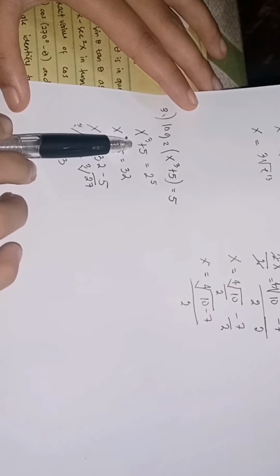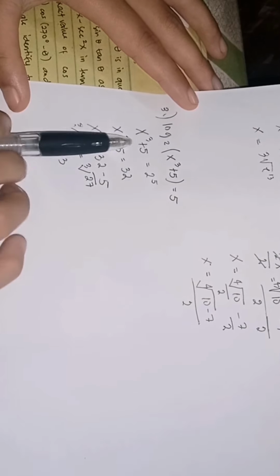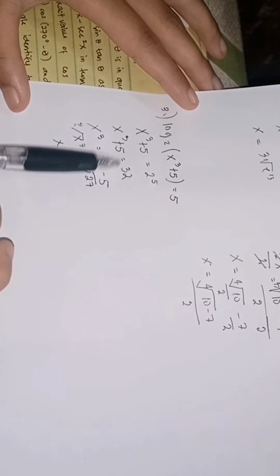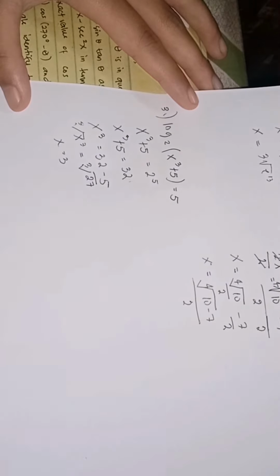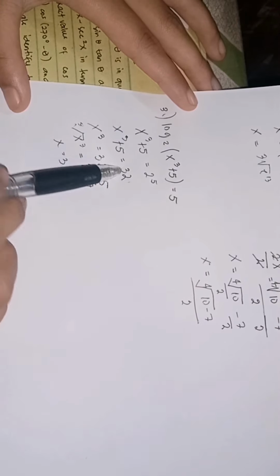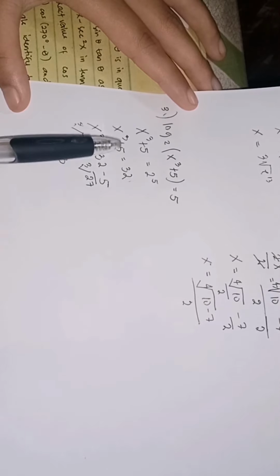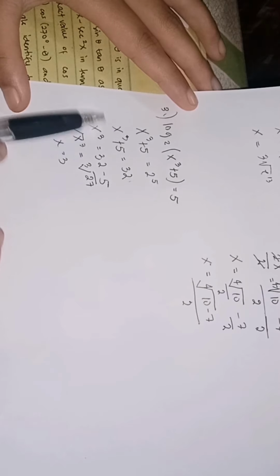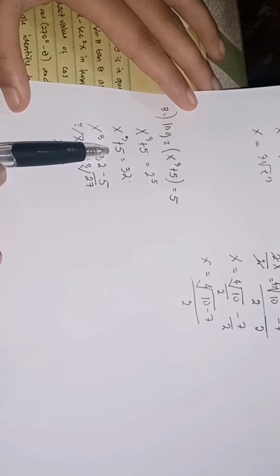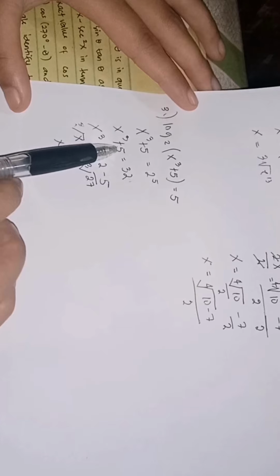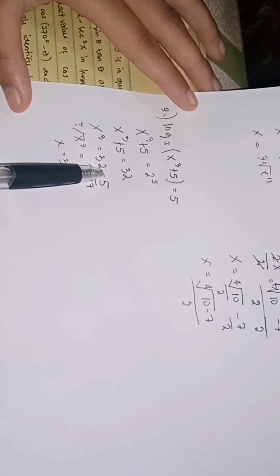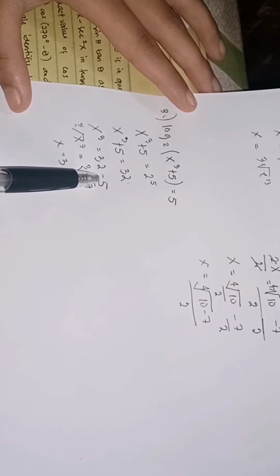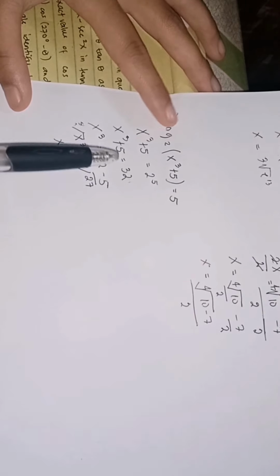So copy the left side, x cubed plus 5 equals 2 raised to 5, which is 32. To isolate x cubed, we transpose positive 5, and when transposing the sign changes, so it becomes minus. And 32 minus 5 is 27.